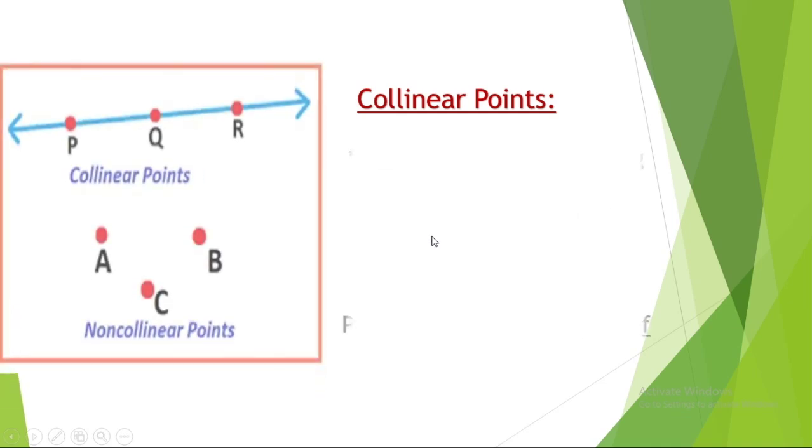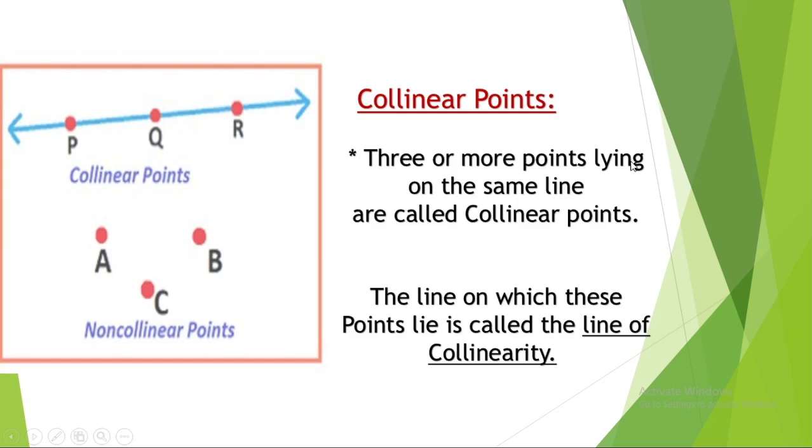Next, collinear points. Three or more points lying on the same line are called collinear points. The minimum number of points should be 3. Look here. In this example, we are having 3 points P, Q, R. These 3 points are lying on the same line. So the points P, Q and R are called collinear points.